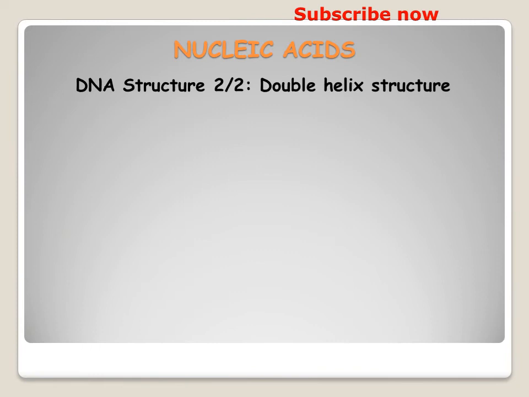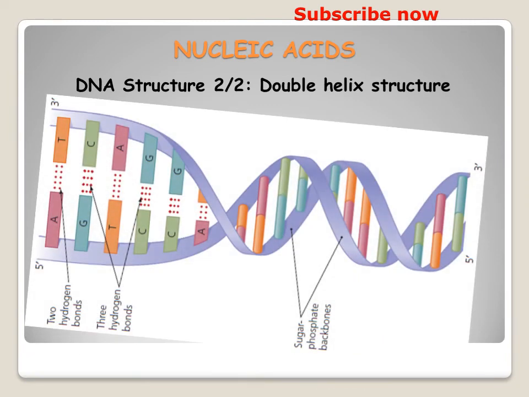The double helix structure is as shown, one strand running from the 3' end and the other from the 5' end, where adenine and thymine are joined by double hydrogen bonds, while cytosine and guanine are joined by triple hydrogen bonds, and then they are covered with the sugar phosphate backbones.